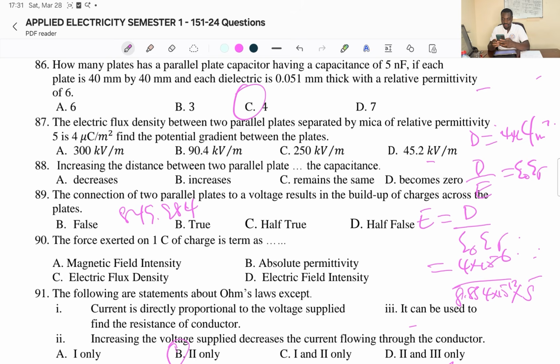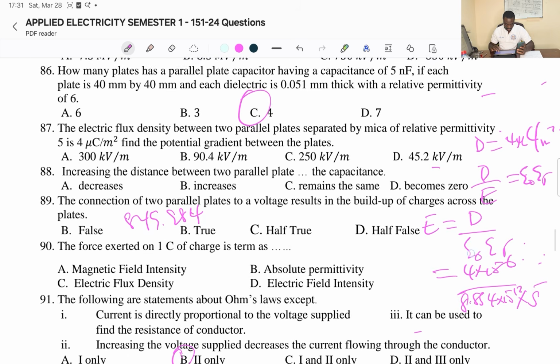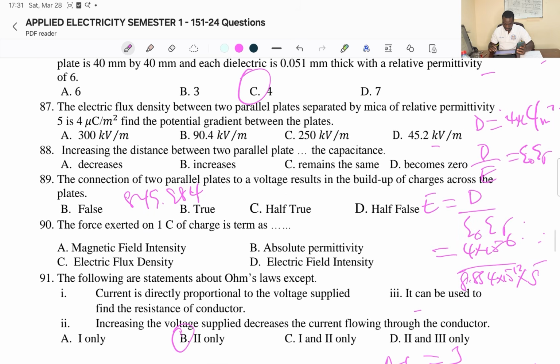Times 4. So we have times 4, and that is 0.09. Okay, this is question 87. Right. Okay. 0.0. So we get here to be 0.0903, right? So get something like this.